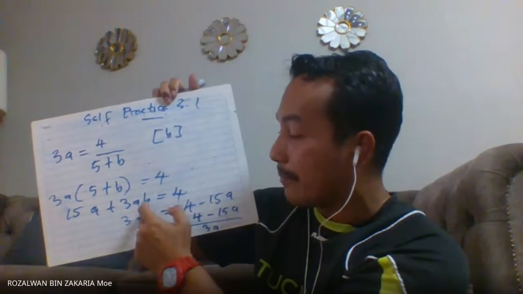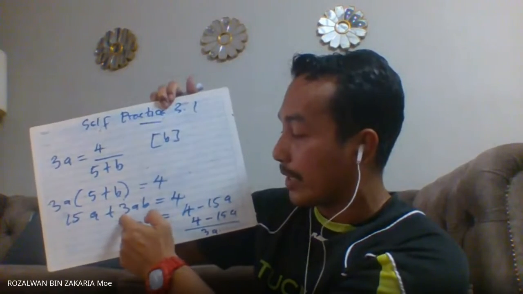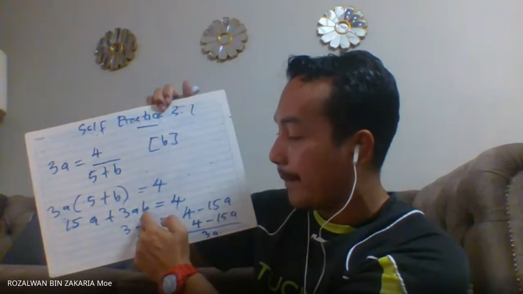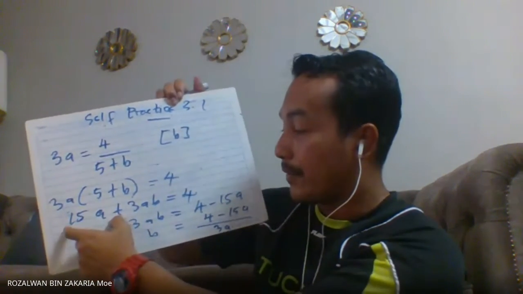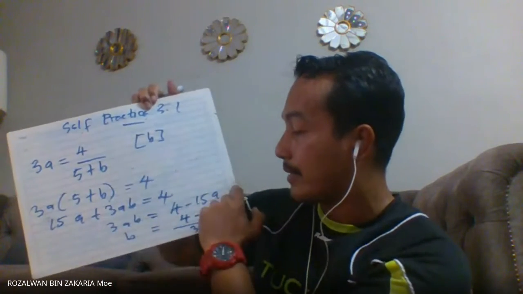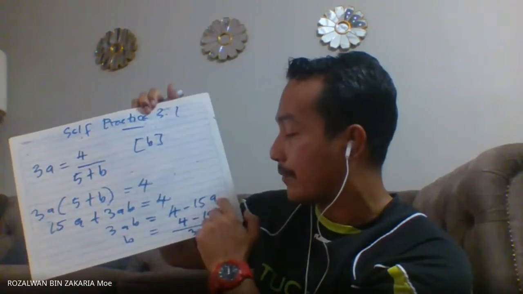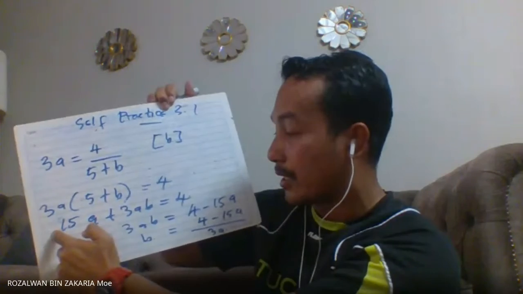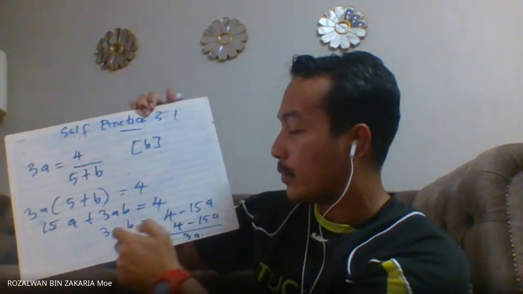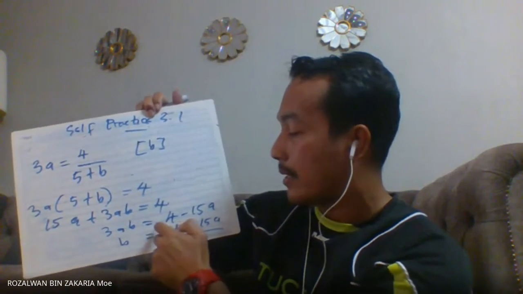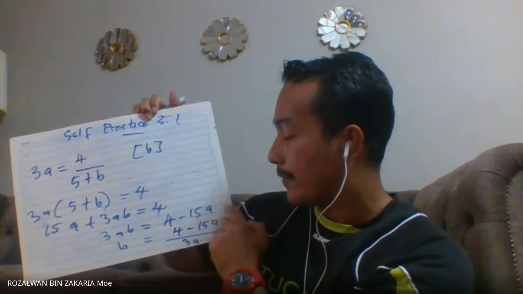We want to make b the subject. So look at this here. We have 3ab then plus 15a. So this 15a you have to move to your right side. When you bring it to the right side, it will become minus 15a. So this one equal to 3ab equal to 4 minus 15a.